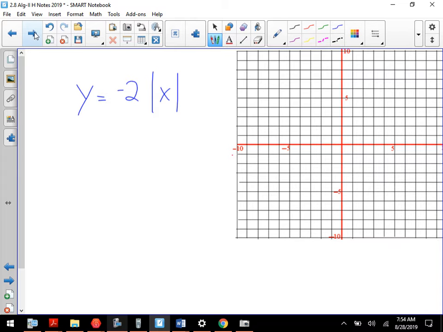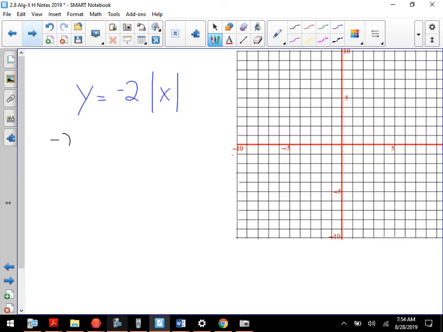Do you guys vaguely remember those rules? You treat the stuff inside the absolute value like you would parentheses when you have order of operations. Okay, the absolute value is technically a grouping symbol, so it's kind of the same basic-ish idea.